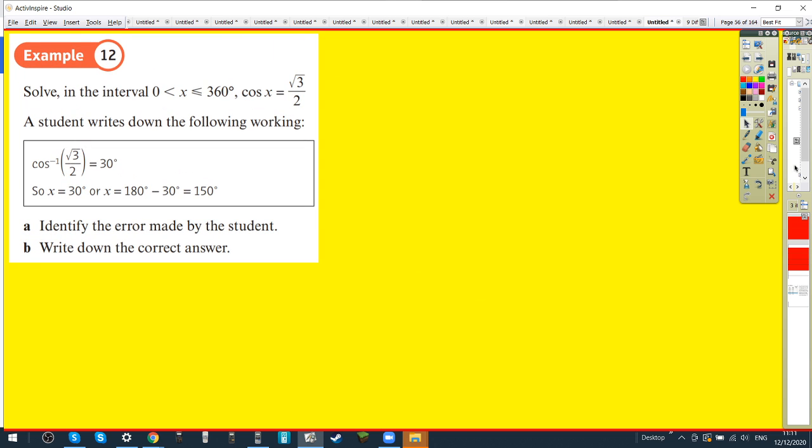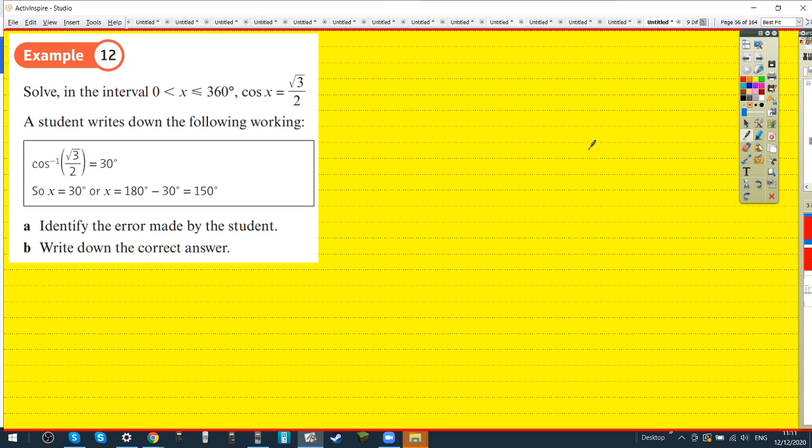Okay. How about this one? Can you put cos x equals square root 3 over 2 into the calculator?